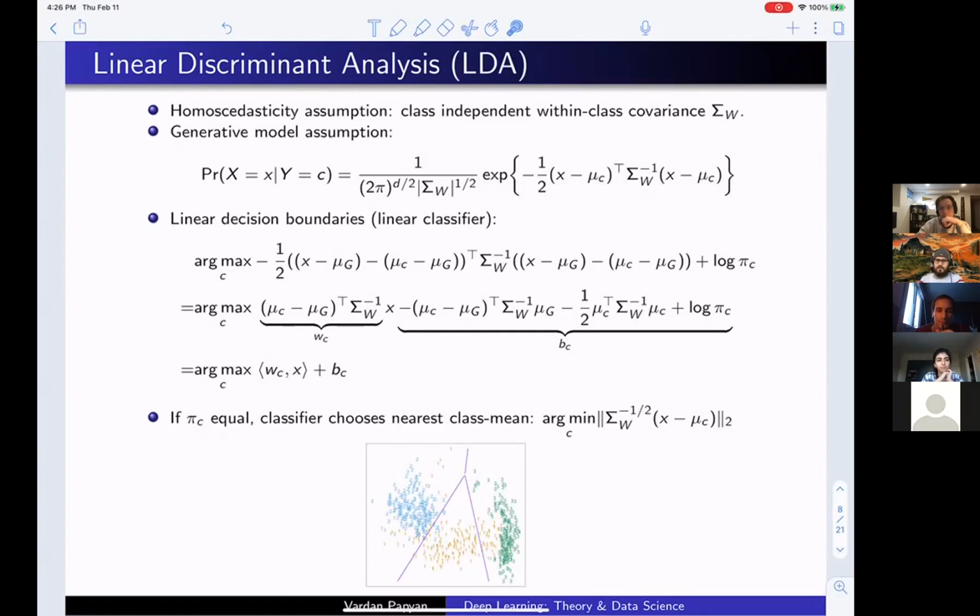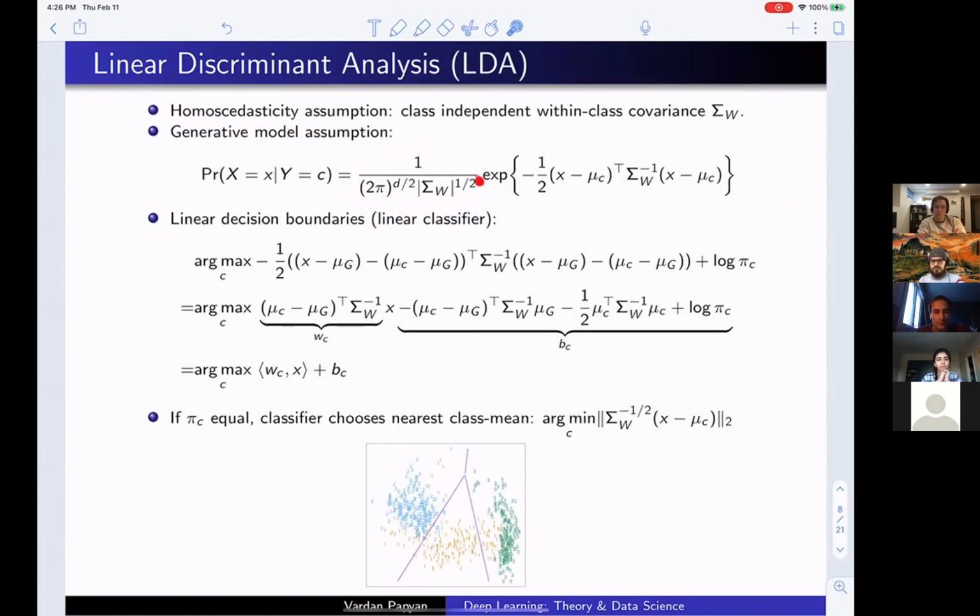Now, at this point, you might ask yourself, what does the classification decision boundary look like in the case of this homoscedasticity assumption? So let's check it out. First of all, notice that now all of these quantities are equal for all the classes, right?